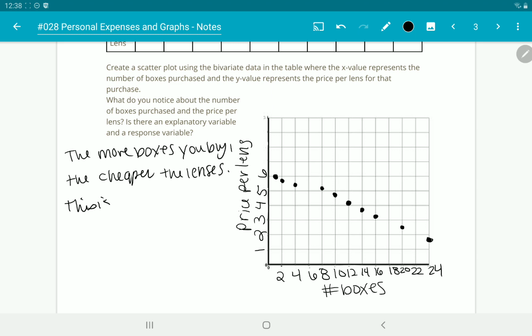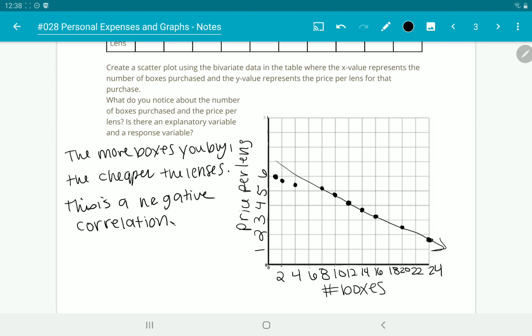This is a negative correlation, because as one number goes up, the number of boxes, the other number goes down, it decreases, the price. And you can actually see that if you'd kind of trace them, maybe you're a little better at it than me, but you'd have a negative slope. It's going downhill.